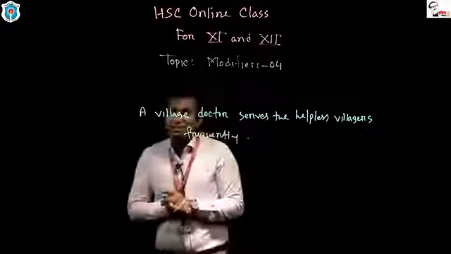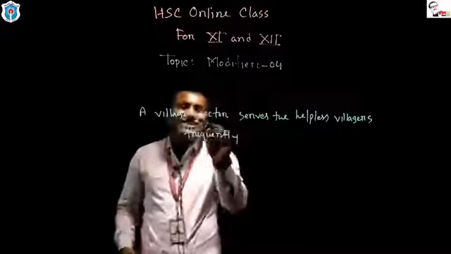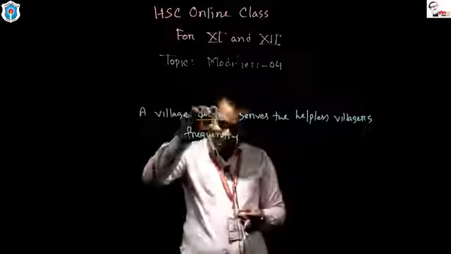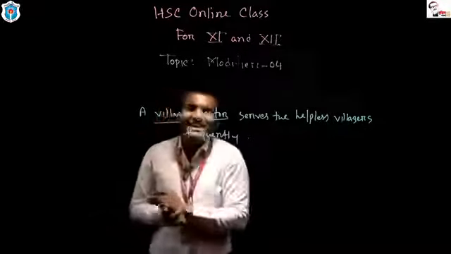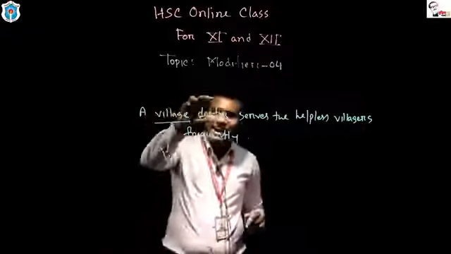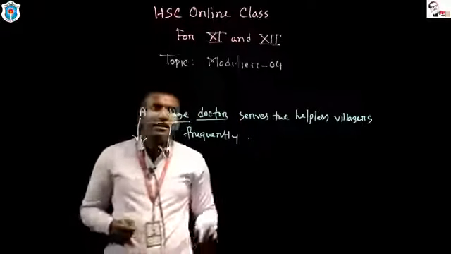Okay, thank you. Look at please. Here the doctor is being modified, and this doctor is being modified by village. Can I say? Here village doctor is being modified by A. Okay.